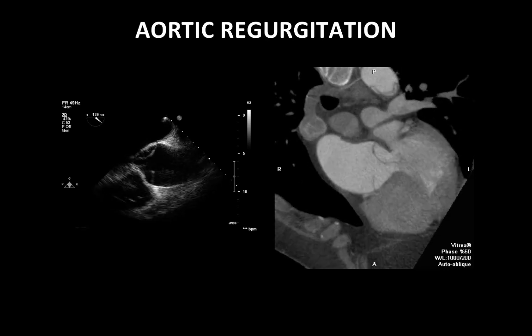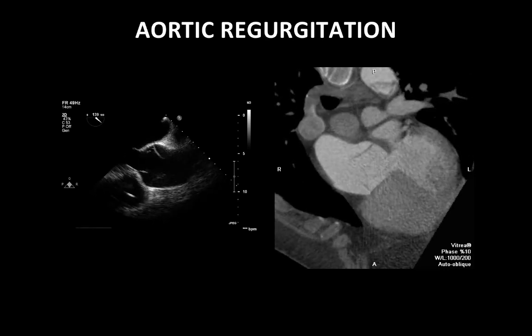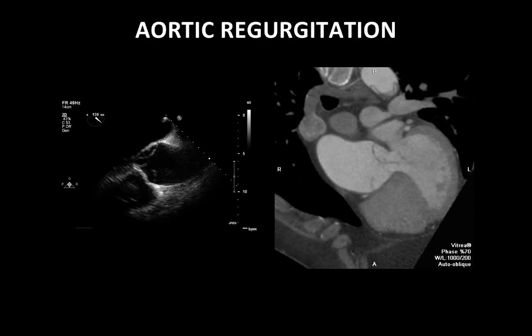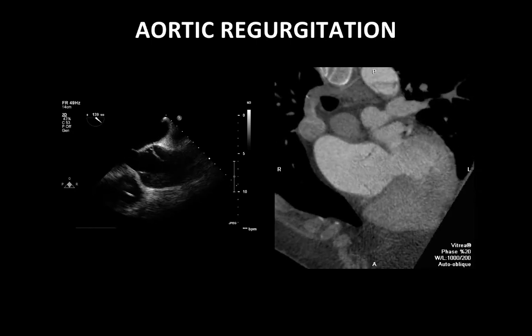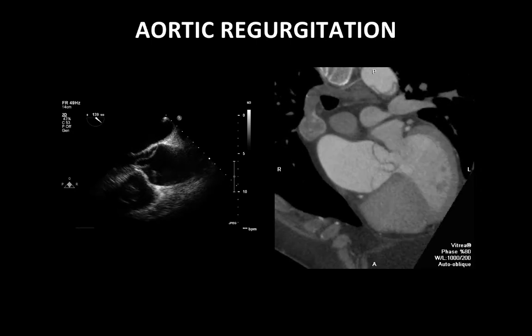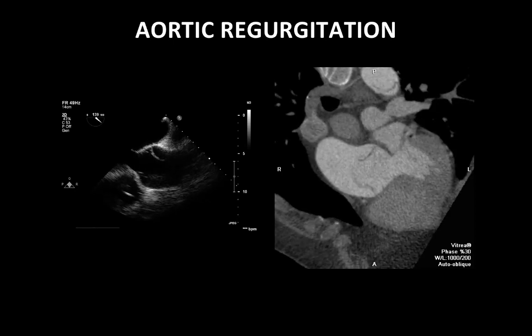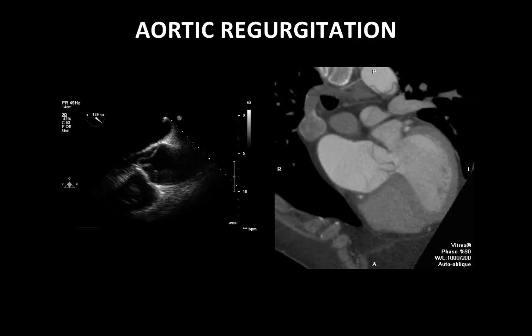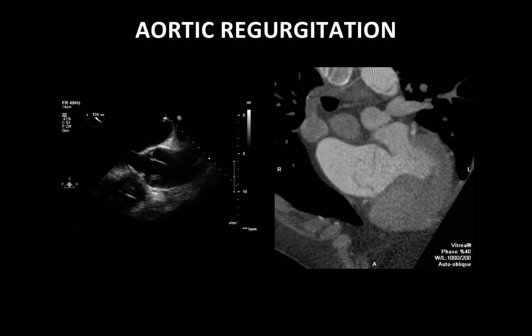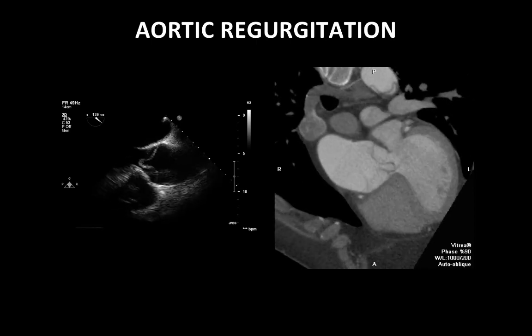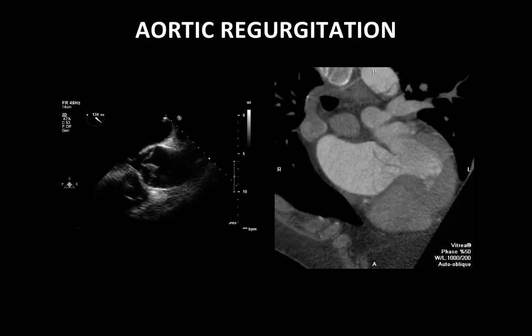This was before prospective cardiac gating was available, and so at that time we routinely gated our CT angiograms using retrospective gating. And in this particular example, you can see prolapse of the intimal flap through the aortic valve during diastole.